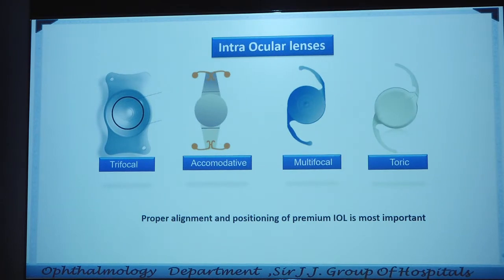Incision may be 5.5, but you can put accommodative lenses if possible. In a small incision, it is not possible to implant an accommodative lens, but in a large incision, it is possible. Also multifocal lenses, yes, you can do it, no problem. Results are good, only you will have to think of your astigmatism. If you are properly taking care, yes, you can use any type of lens.